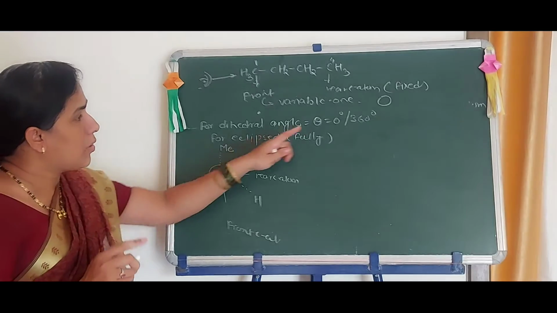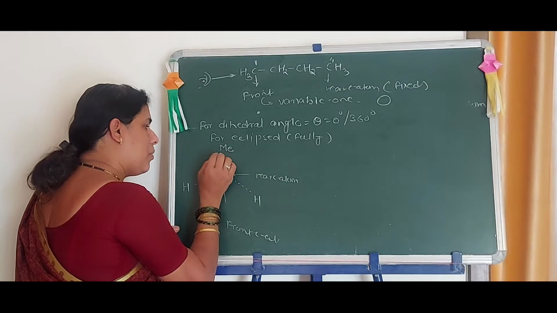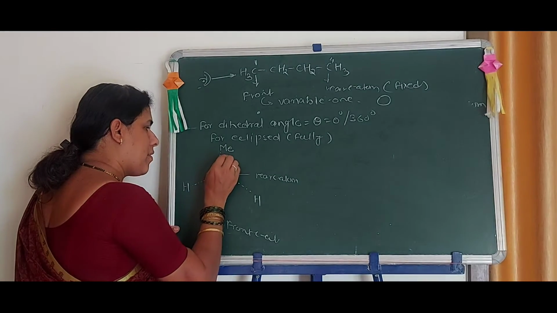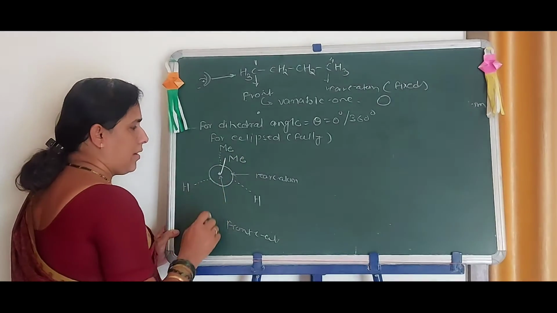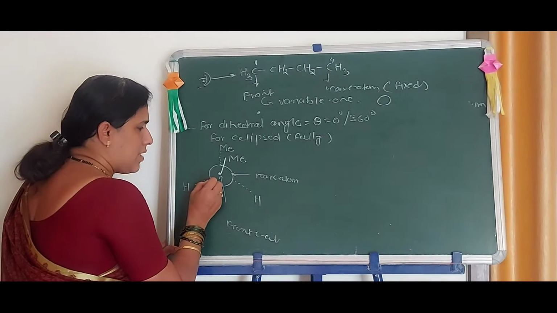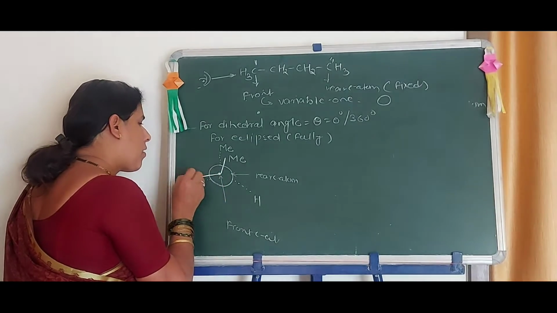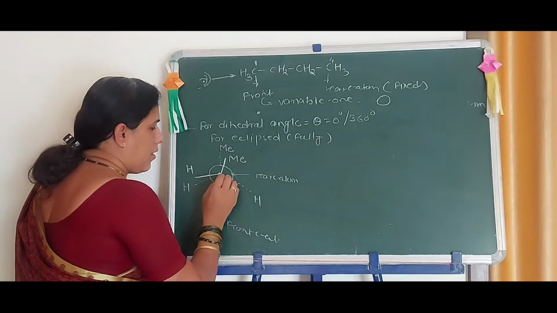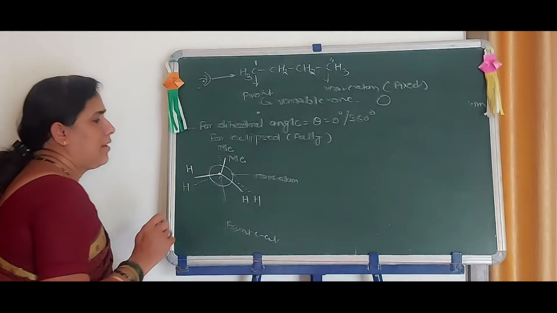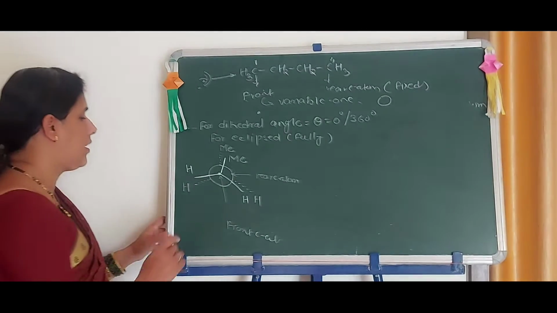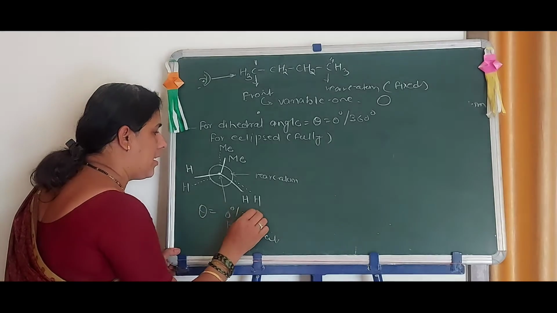Now, denoting theta equal to 0 degrees, on this here Me. Now on this here H, and on this here, from this point, H. Okay, this is the eclipsed structure for theta equal to 0 degrees or 360 degrees.